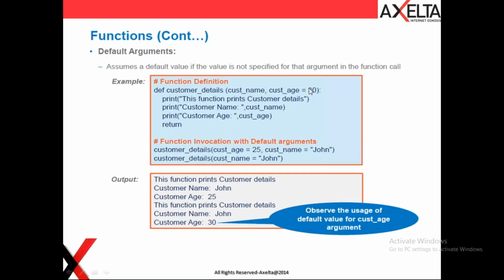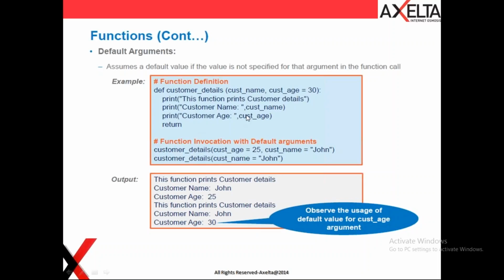I want to fix the age. I want to give some default value to the age, but still you can modify. That is what I mean to say. If you want to fix such things in the function, this can be done by giving the default values. Using the assignment operator, you can fix the value to the parameter. Is it clear what I am saying?